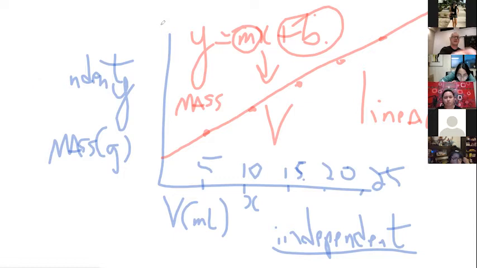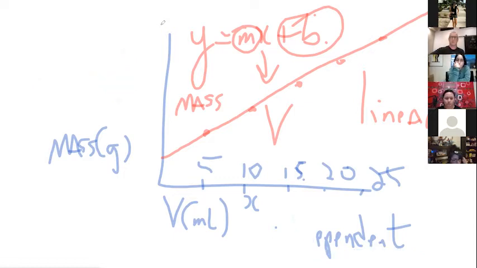The slope's actually going to tell us something very important. Just think about, what does the slope of the line mean? Is the density? It's the density. That's right. Why is it the density? Because density is mass over volume. Exactly. Excellent.